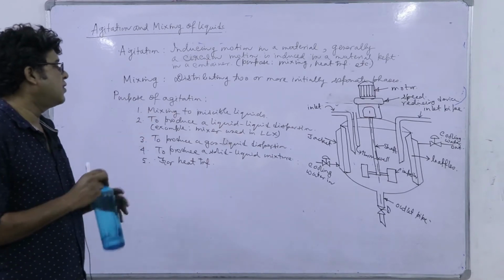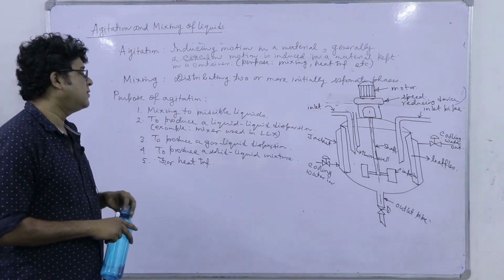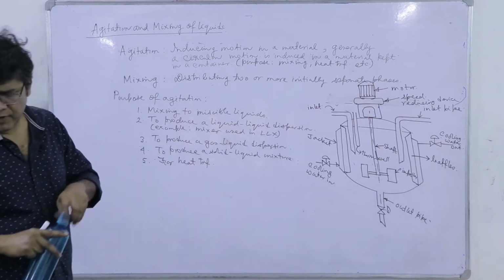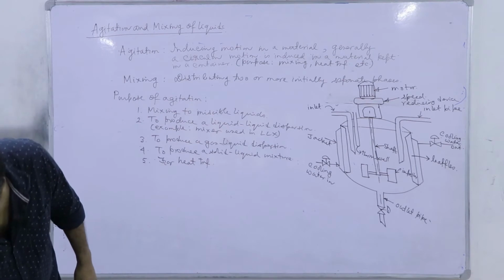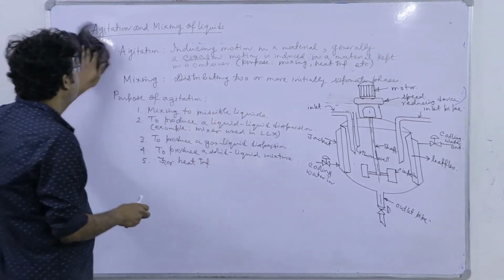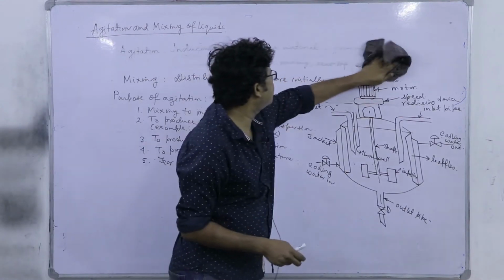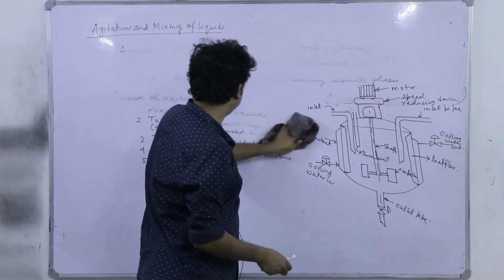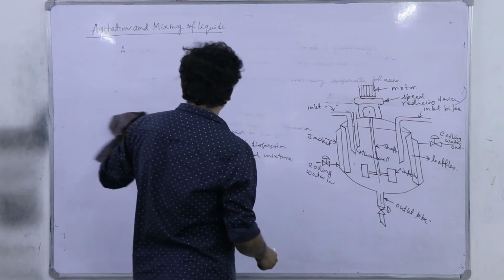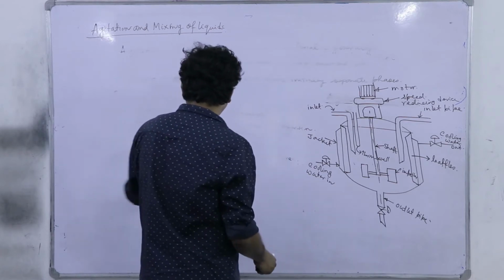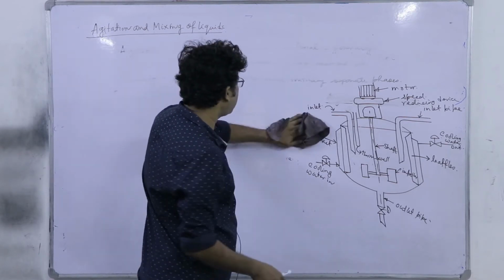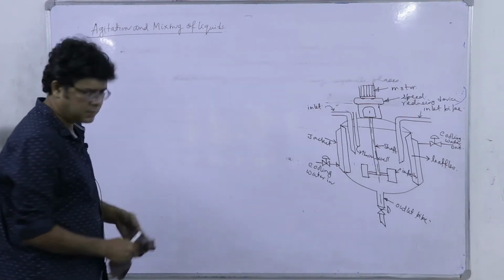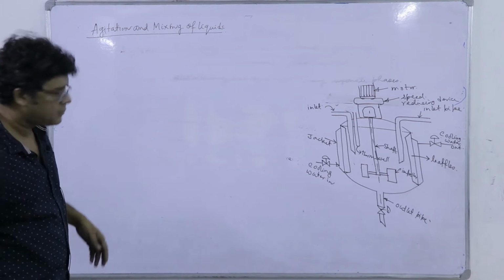Now, what is the central part of this agitation and mixing? The impeller. So, we have to focus on the impeller itself, and we have to classify and understand the different types of impellers.